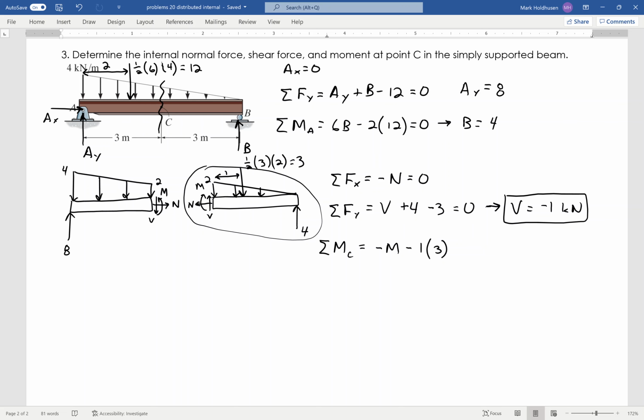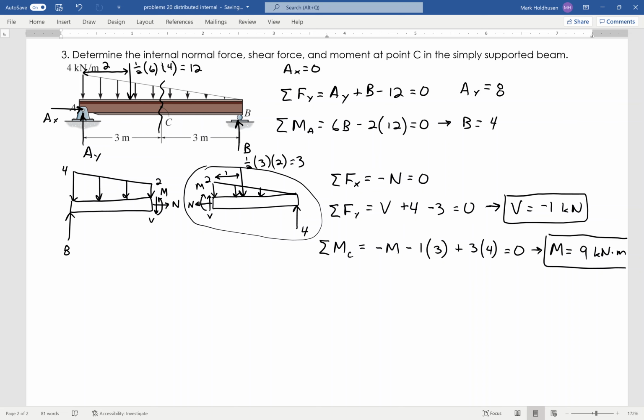And then I've got the reaction force at B, which is 3 meters over times 4, and that's going to be a positive. Set that equal to 0. From that, I learned that my moment is 9 kilonewton meters. And the fact that I got a positive answer simply tells me that I drew my M in the proper direction.